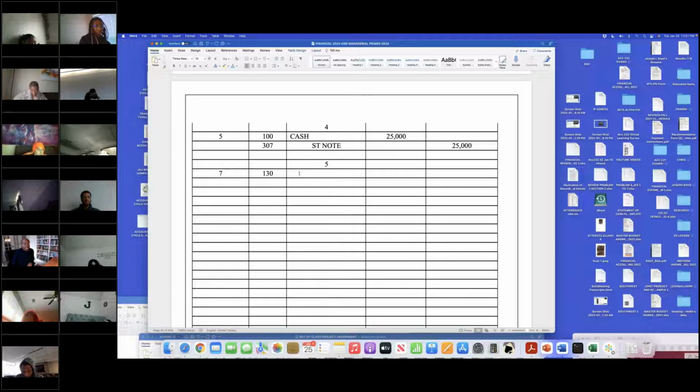So notice the debit's on top and the credit's on the bottom. This was $1,000. So when cash comes in, we debit cash. When cash goes out, we credit cash.